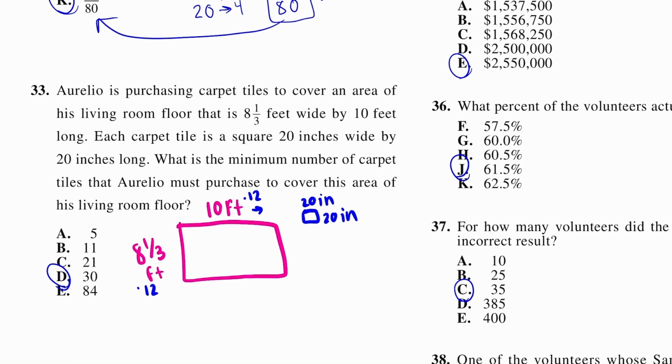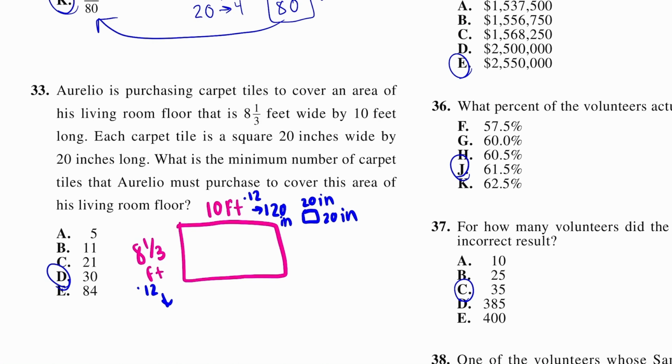So 10 times 12 is 120, so now that's in inches. And then we have 8 1/3, and once again, you could just do this on your calculator. Times 12.